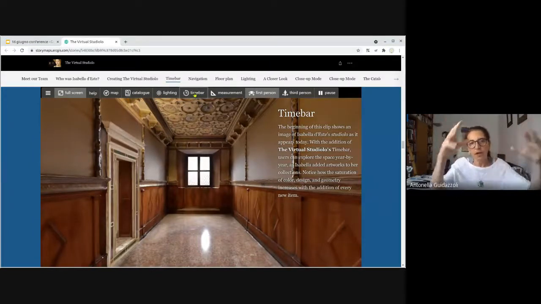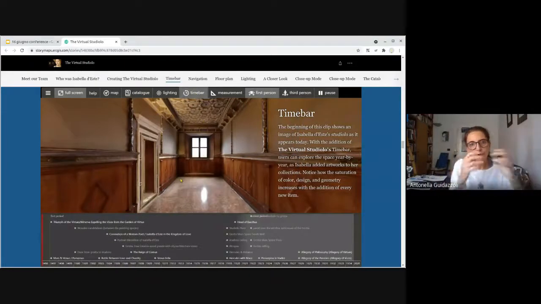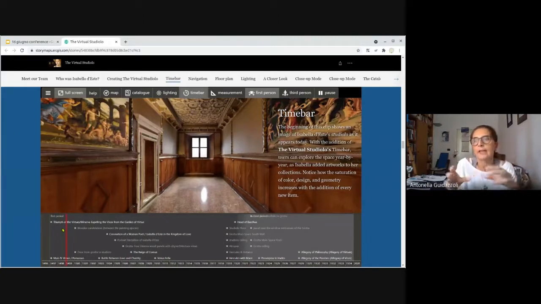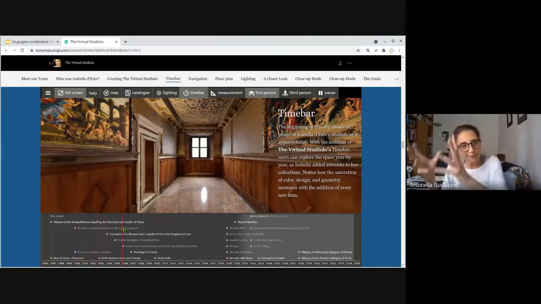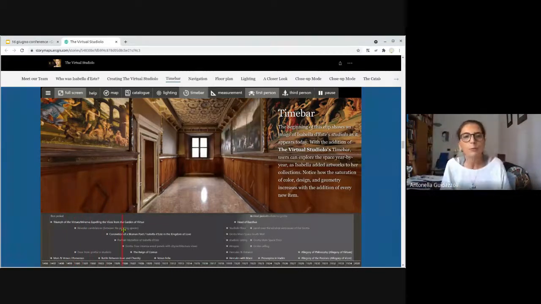So there is a platform in which all these letters can be seen and shared. And there are also a lot of studies in the field of music, and there is another database related to the music at the age of Isabella d'Este.